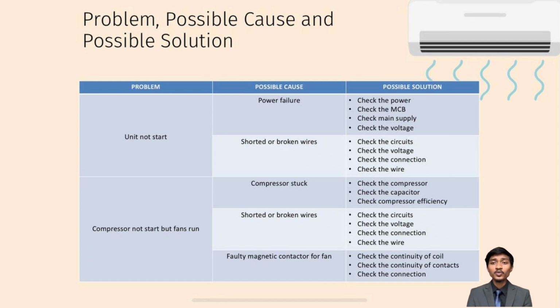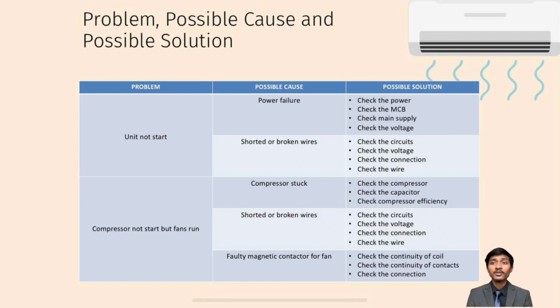For problem number 2 is compressor not start but fans run. The possible cause is compressor stuck or short or broken wires, and last faulty magnetic contactor for fan. Possible solution for compressor stuck is check the compressor, and then check the capacitor, and last check the compressor efficiency.